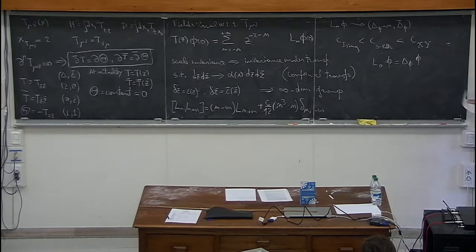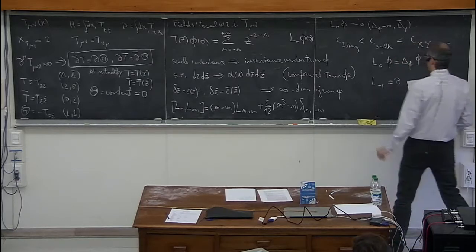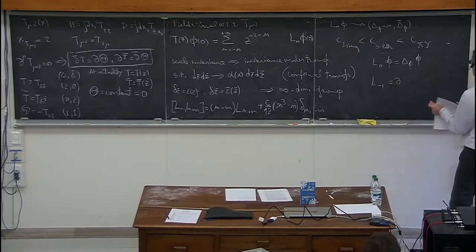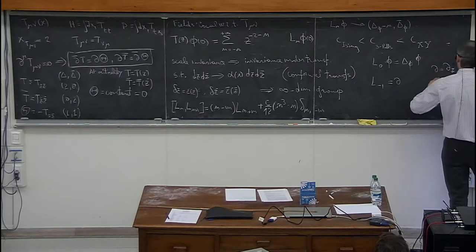So it's the generator of global scale transformation, while clearly L minus 1 is just the derivative. Well, I didn't say, maybe it's useful to say that I'm using these notations.